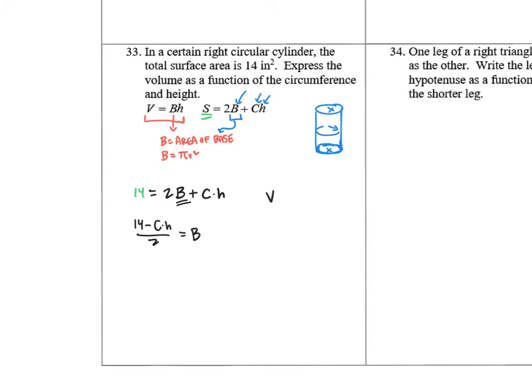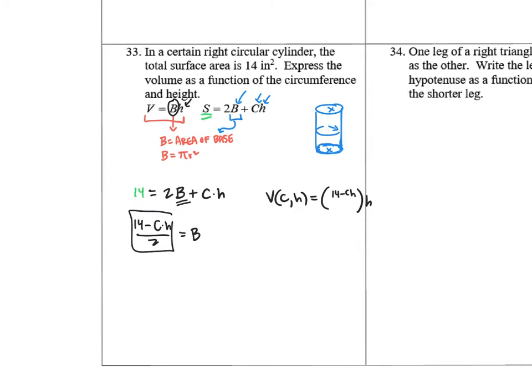So if I want the volume in terms of the circumference and the height, as two independent variables, and it was area of the base times the height, I want to take out the area of the base and have it in terms of the circumference and height.